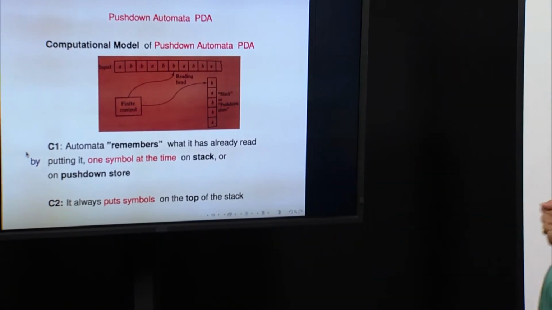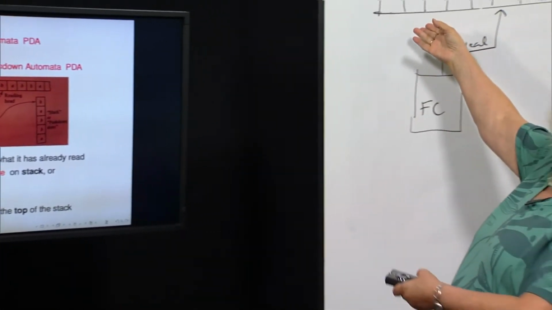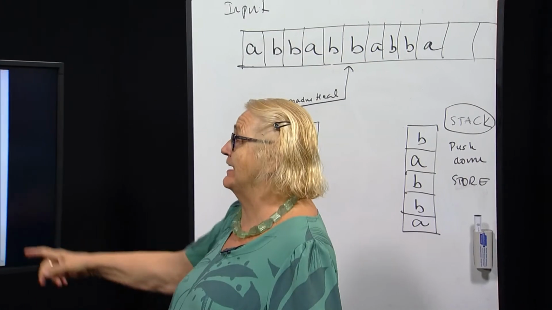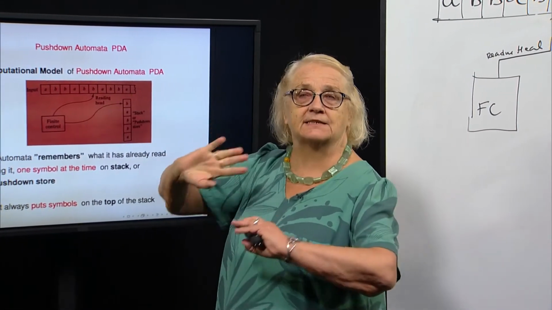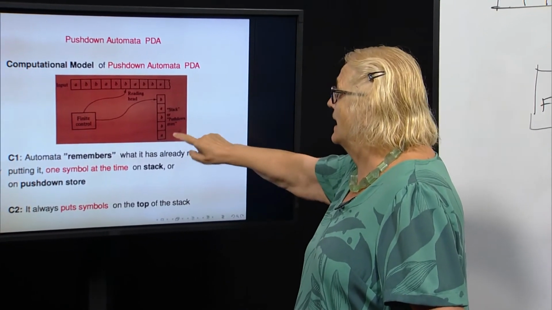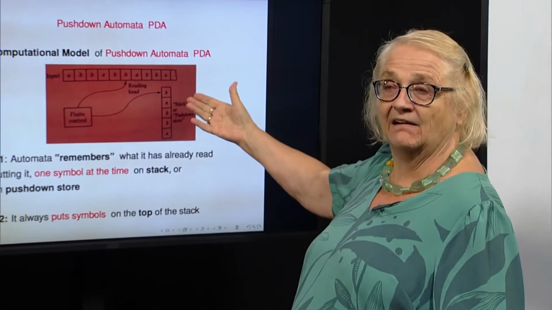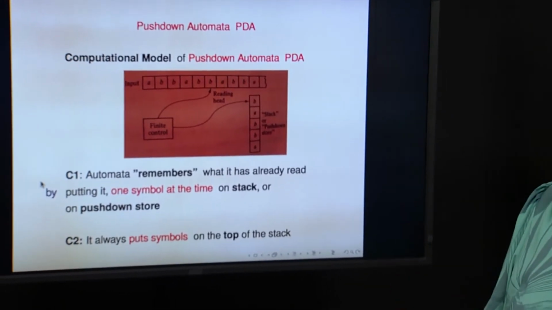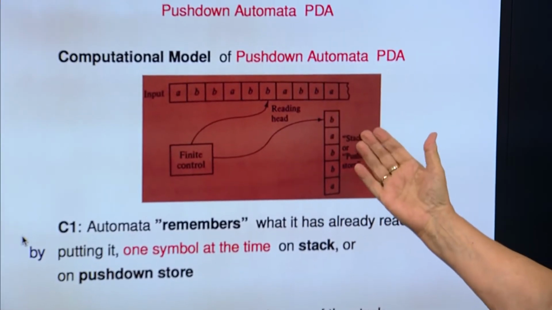You can see that we have, as I already wrote, a tape and finite control and reading head, which moves exactly as it was before, but now we have another part which is called a stack or push-down store, where we can put and remove symbols from.